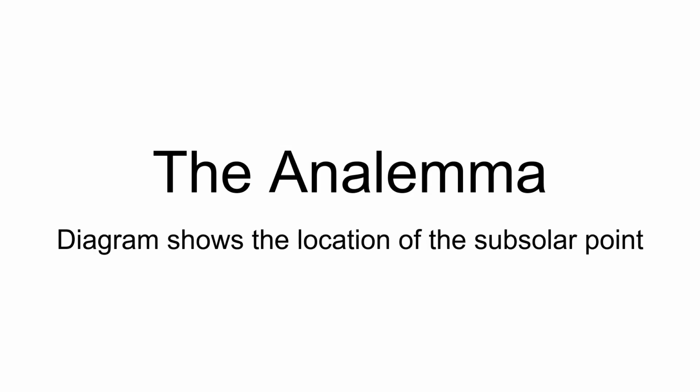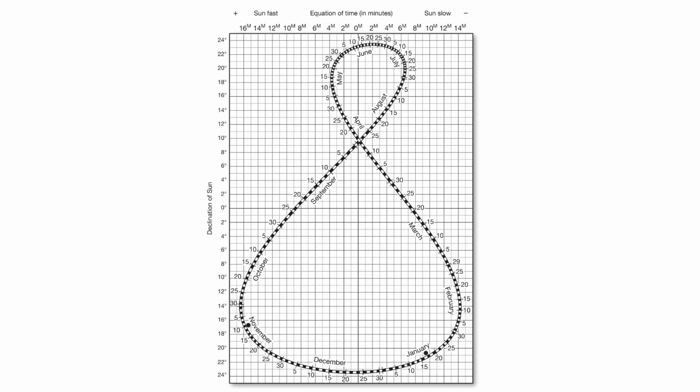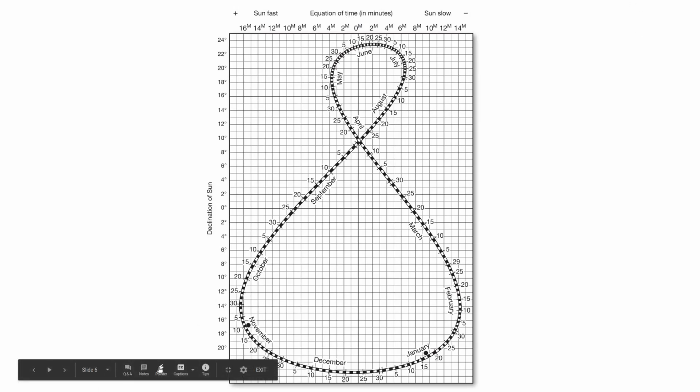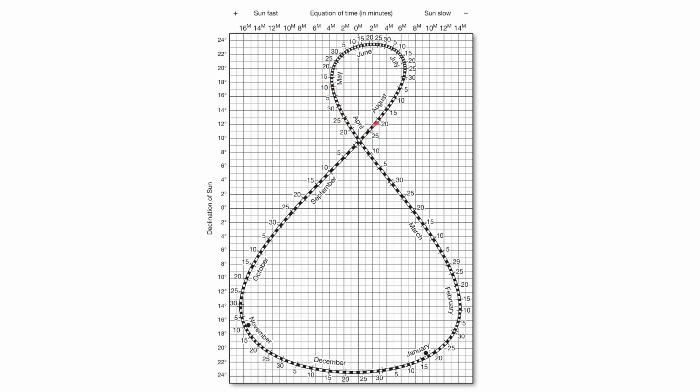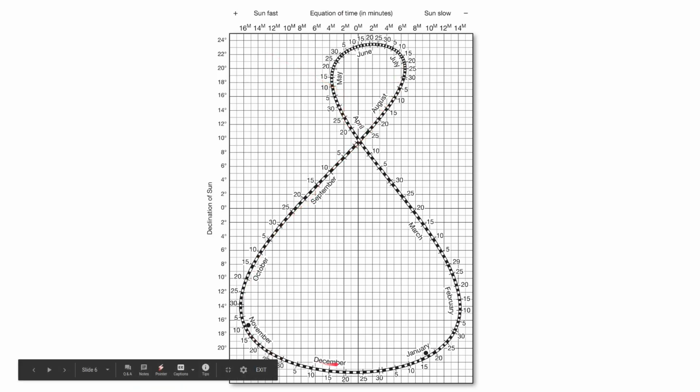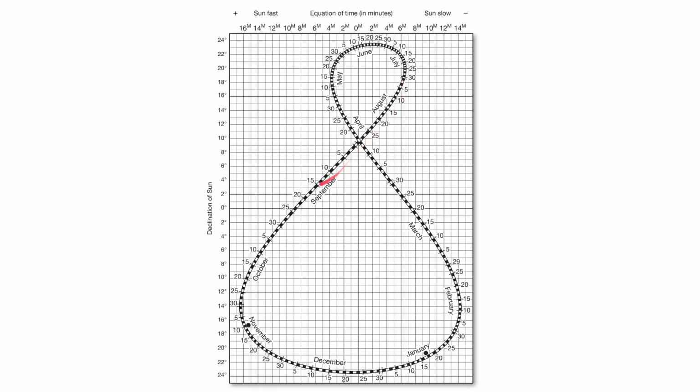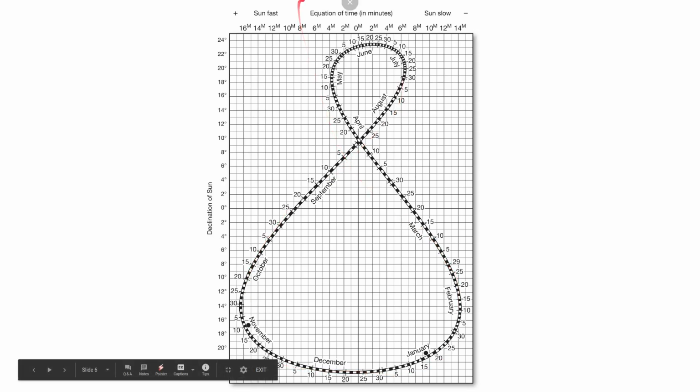Again, a diagram that shows the location of the subsolar point. So there is the diagram. I grab the pointer and I'm going to go through this, but around the outside there's dates: August, September, October, November, December, January, February, March, April, May, June, July. So there's dates and months around the figure 8 of the diagram.